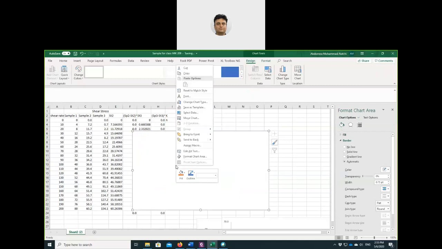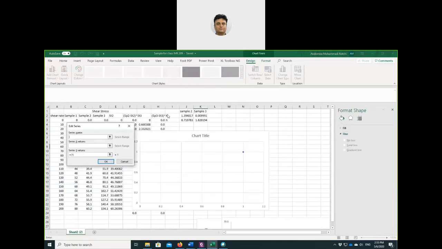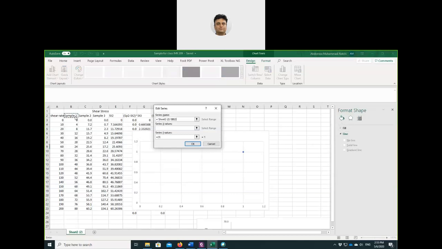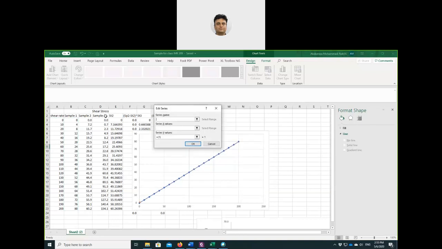Right click here, then select data, add. We have sample 1. X series is here, the shear rate is X series, and for Y we need to remove this one, and Y is the shear stress. Okay, the first one. Now add the second one, sample 2.